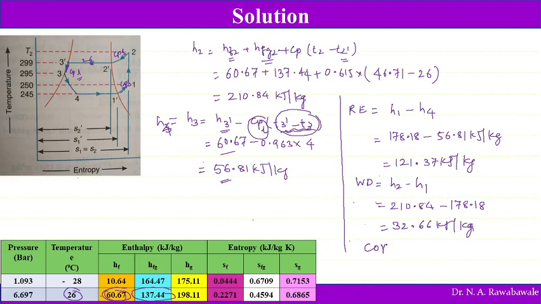Then COP is obtained as refrigerating effect divided by work done. So the refrigerating effect is 121.37 kilojoules per kg divided by work done, 32.66.